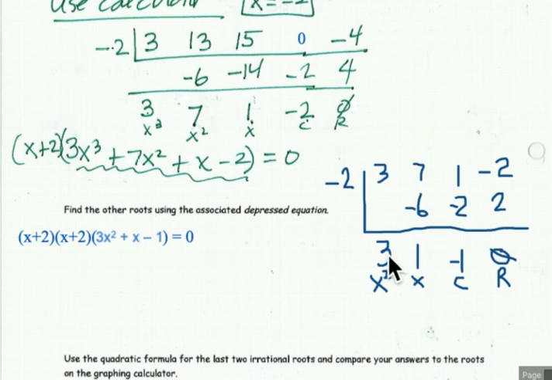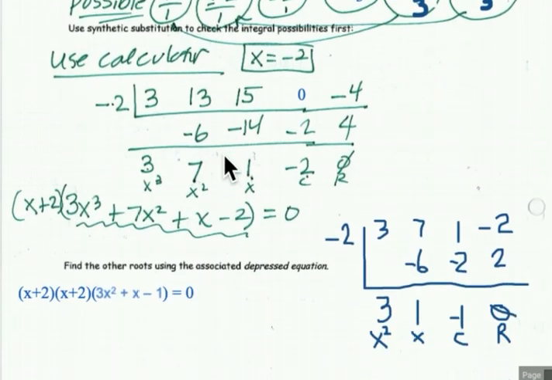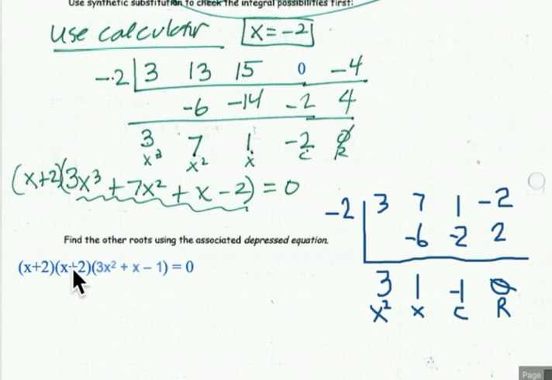So these are the coefficients of my second degree polynomial. So what I've done is I've rewritten this fourth degree polynomial function as x plus 2 times x plus 2 times this factor, 3x squared plus x minus 1.